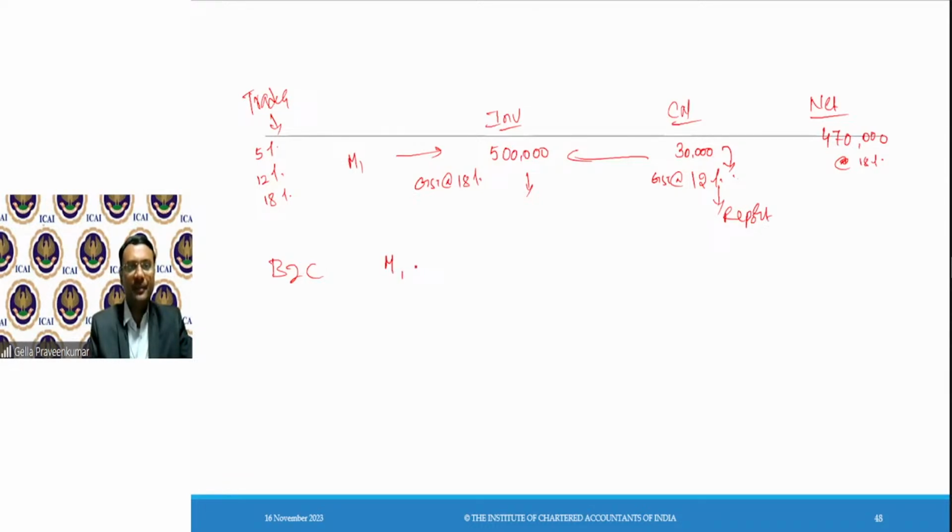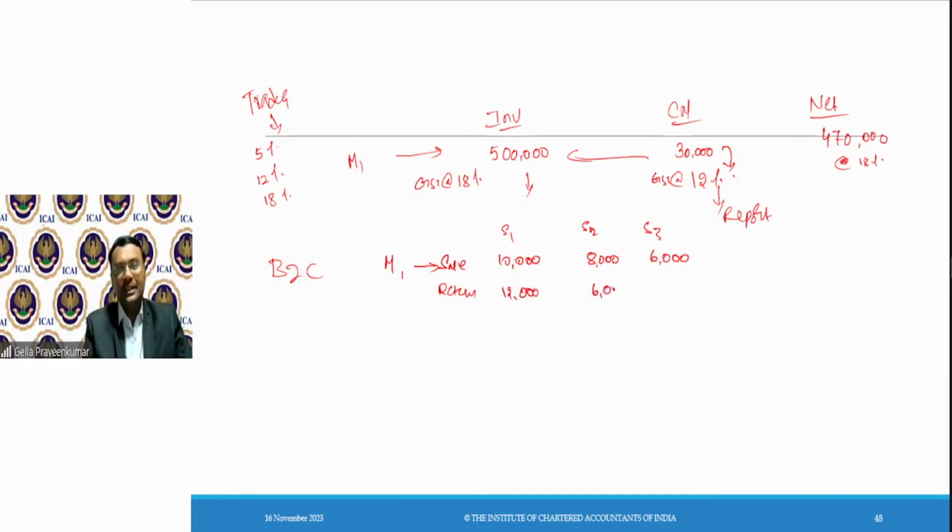Say month 1, there are sales to state 1, state 2, state 3 for rupees 10,000, rupees 8,000, rupees 6,000. This is my sale. And sales return, probably I have a return for 12,000, for 6,000, and for 2,000.